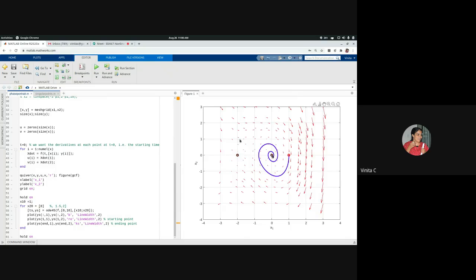So I am going to give -2, 1 for the system, so x10 is -2 and x20 is 1. Okay, let us try and see what is happening here.